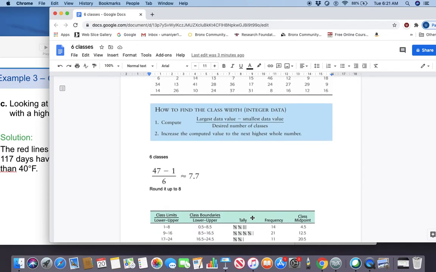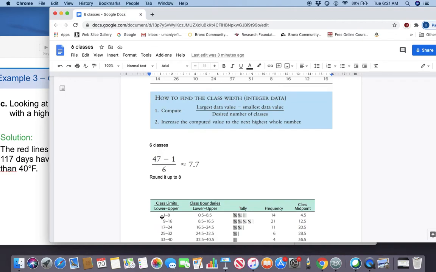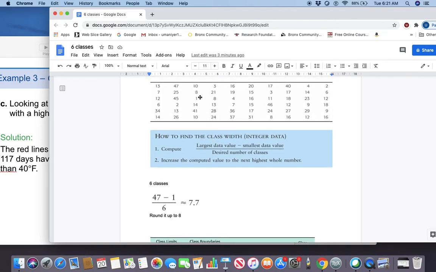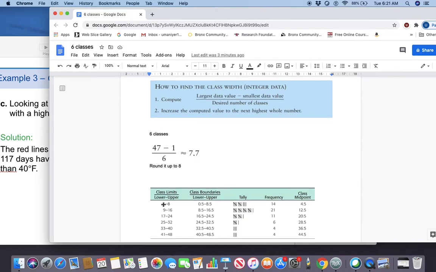Once you have class width, you're ready to build the frequency table. Write your lowest data value first, and add your class width 6 times. Why 6 times? Because you wanted 6 classes. So you keep adding 8, 6 times.